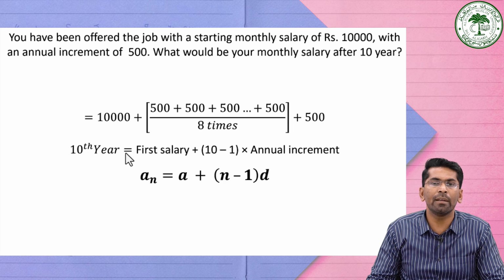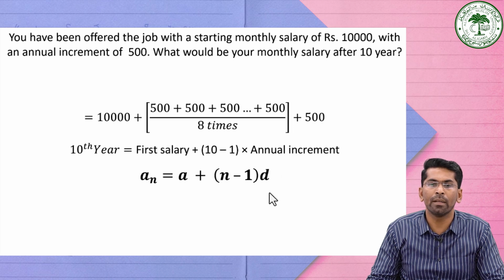Here the 10th year salary is equal to the first salary, a, plus 10 minus 1, that is n minus 1, where n is the number of periods, after 10 years, into the increment, that is, the common difference.